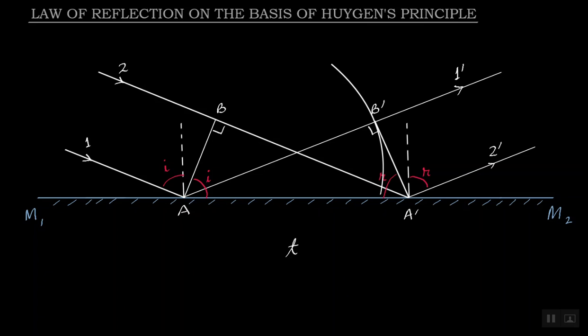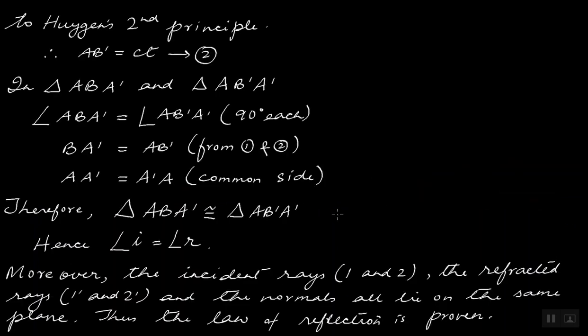Understand? So we have a congruency criterion called the SAS congruency criterion. I don't know whether you remember the SAS congruency criterion from your lower classes geometry or not, but there is a congruency criterion. What is it? SAS.